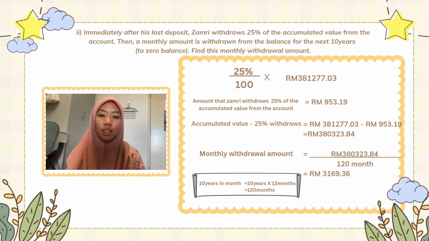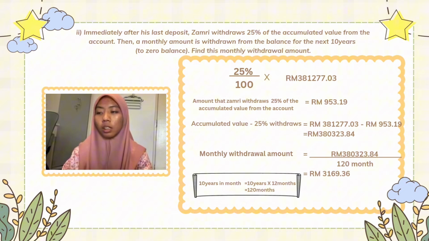Next, we need to take the original total to find the remaining balance. So RM381,277.03 minus RM953.19 equals RM318,333.18.